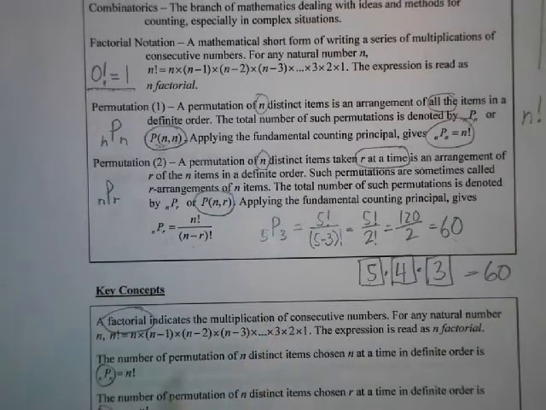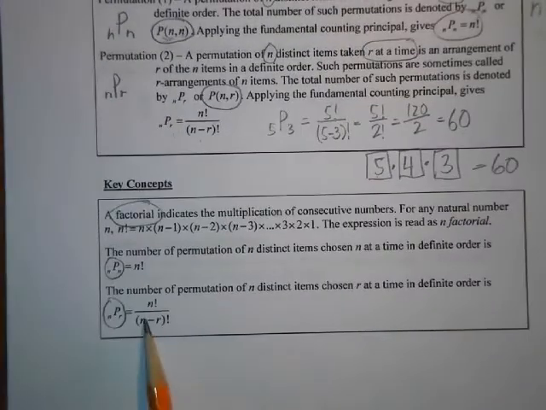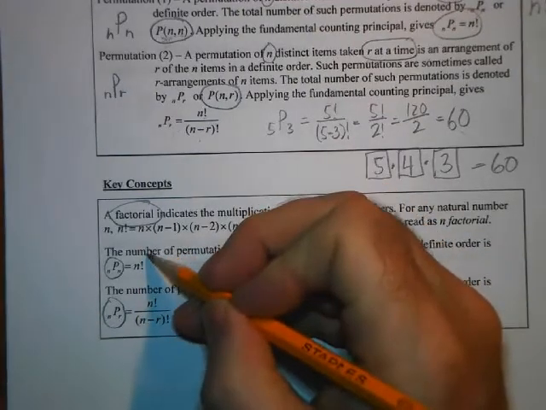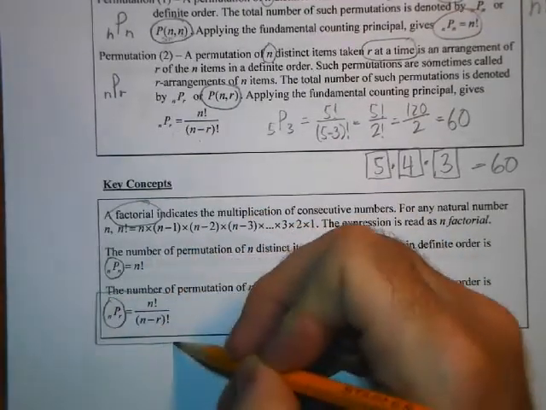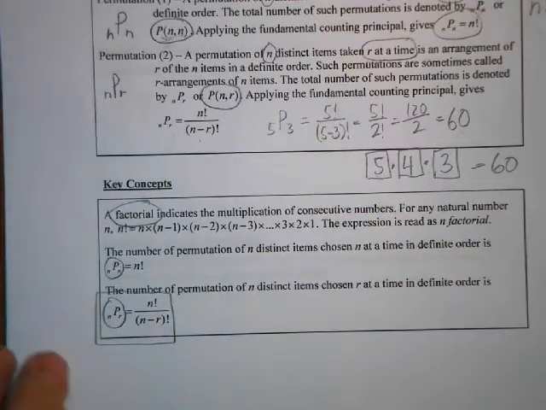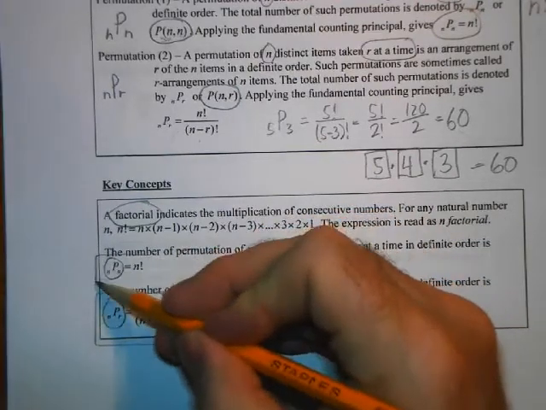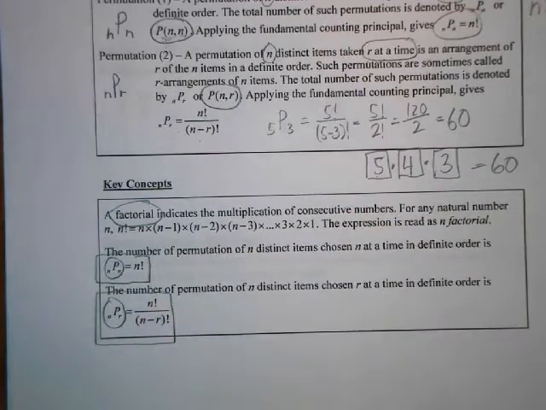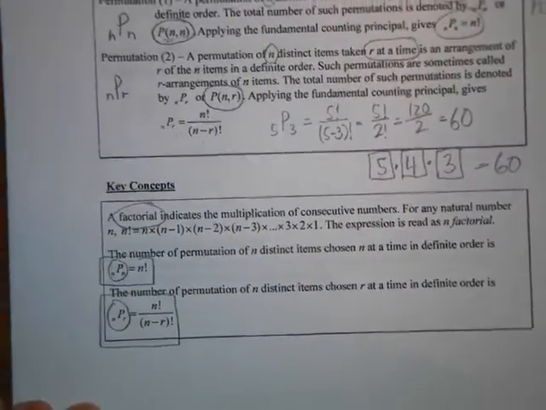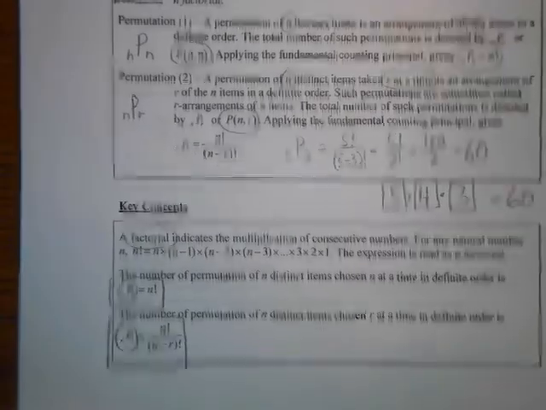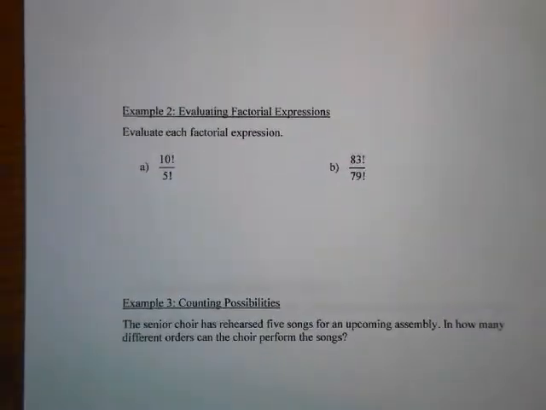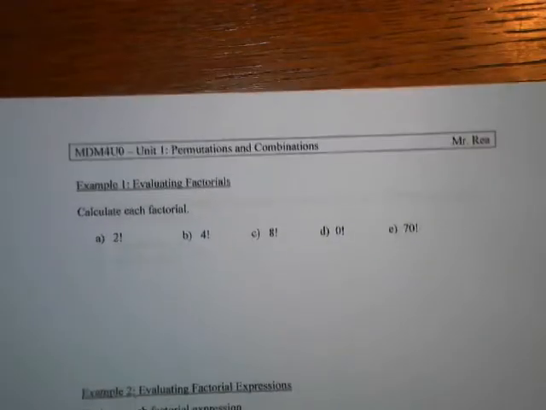So our example here of 5 pick 3 would be an example of this, and you can see that the formula we used above is working. So this is the key formula for today's lesson for sure. Obviously this one's important too, but this should probably be common sense at this point, though it's definitely something you still have to know. Okay, so let's do some examples and see if we can understand how this works.